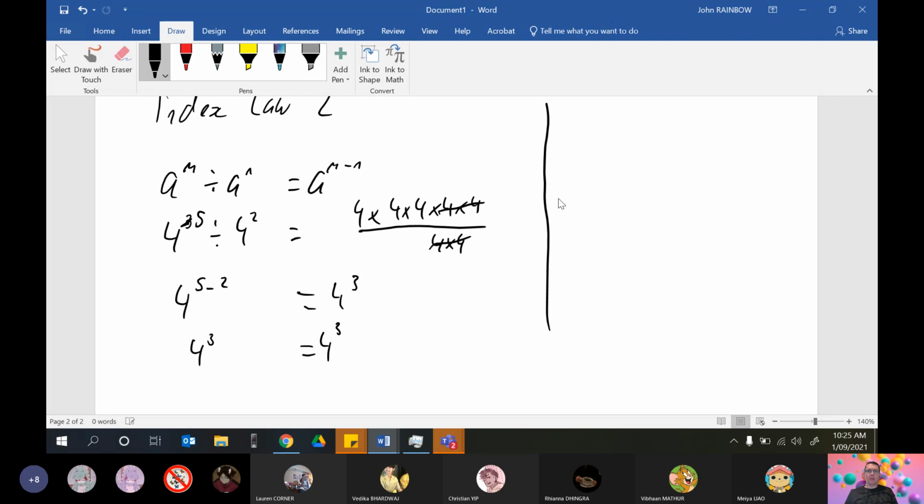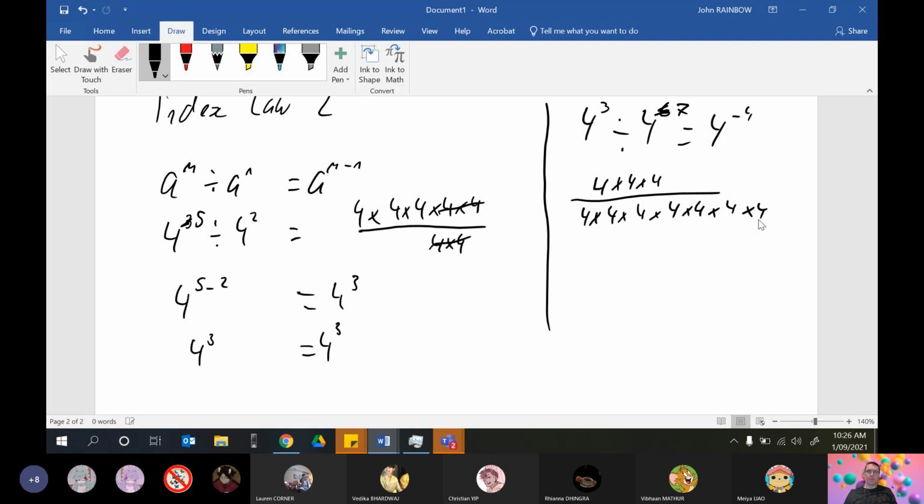One thing to think about is what happens if you have 4 to the power of 3 divided by 4 to the power of 7. That would equal 4 to the power of -4, which is correct, because it is 4 times 4 times 4 over 4 times 4 times 4 times 4 times 4 times 4 times 4.